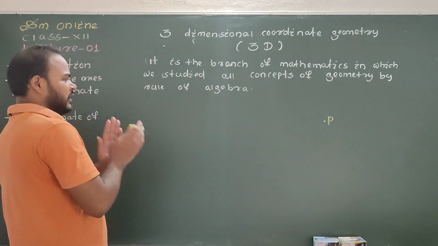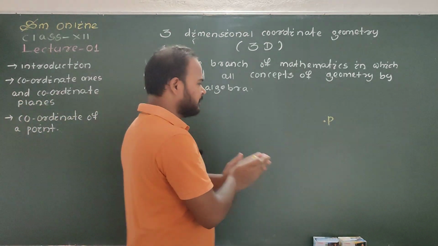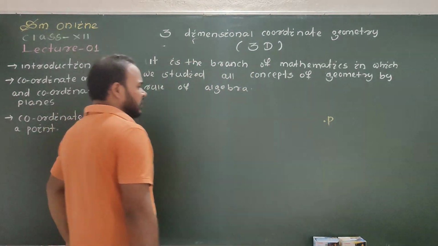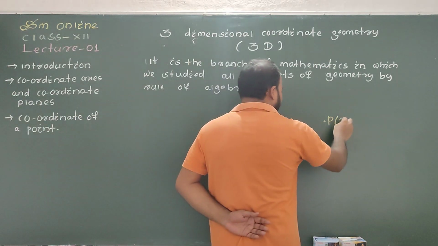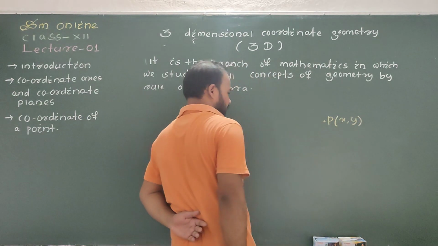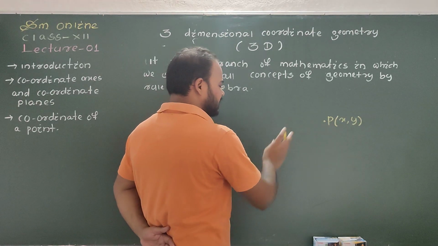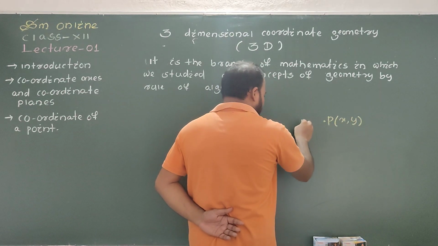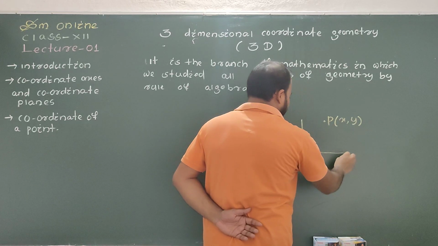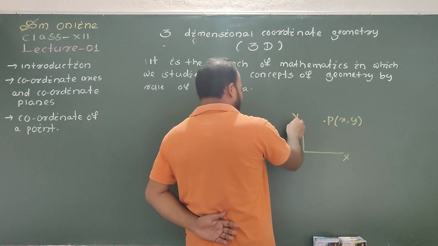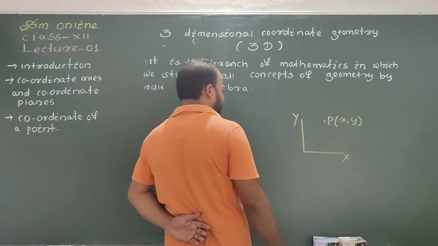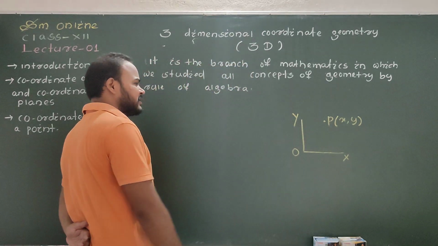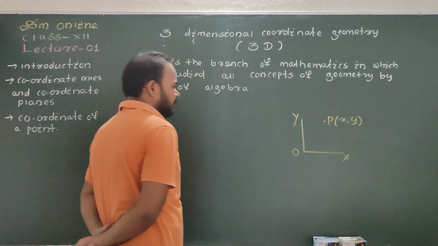If we locate the point P on this plane, we need the x coordinate and y coordinate with reference to its two axes. This is the x axis and this is the y axis, and these two axes meet at a point O. So we locate the point P on this plane, or xy plane.